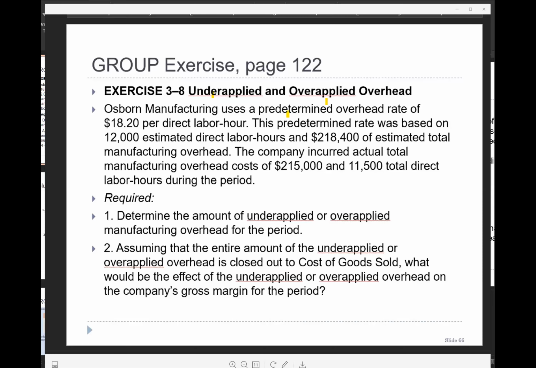Leo, I think you forgot our discussion on the predetermined overhead rate. Your answer is not correct. Oh, do we first have to calculate the cost per hour, and then convert it?